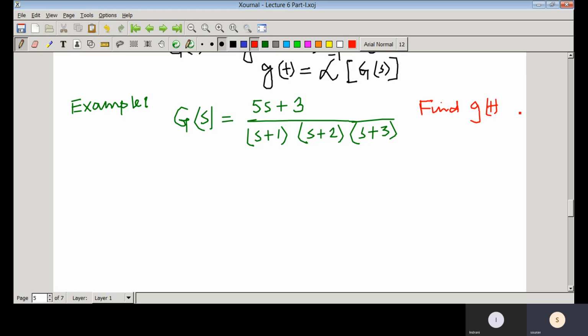We will first find the partial fractions of this function, and I hope you all have heard the name Oliver Heaviside.